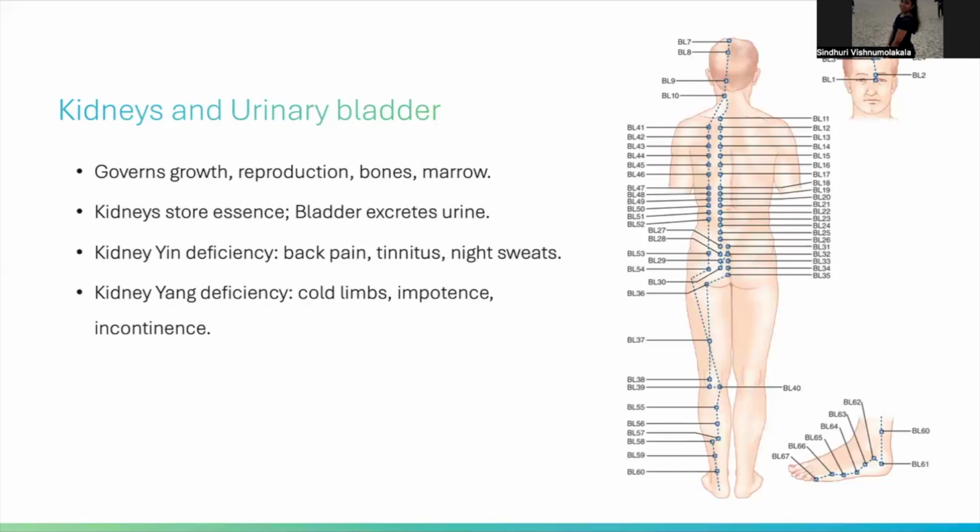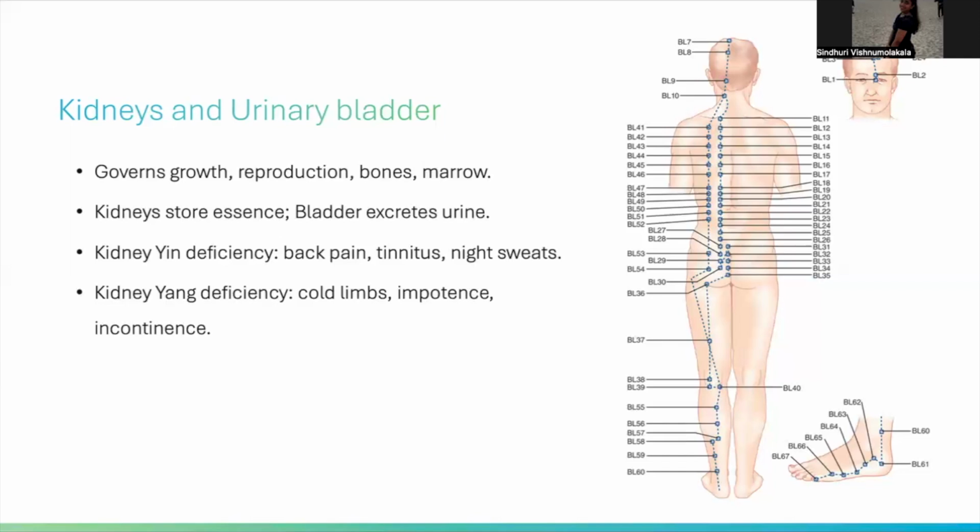In men, if they have deficient kidney yin, they have less semen and tend towards premature ejaculation, while in women, they have scanty menstruation or may be frigid. Now, what happens if there is deficient kidney yang? They are associated with loss of energy or warmth.